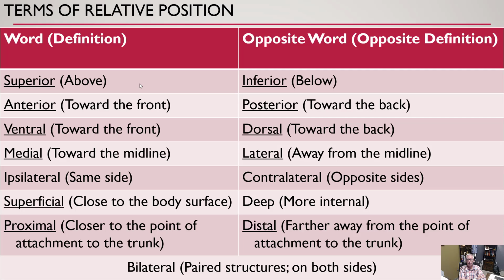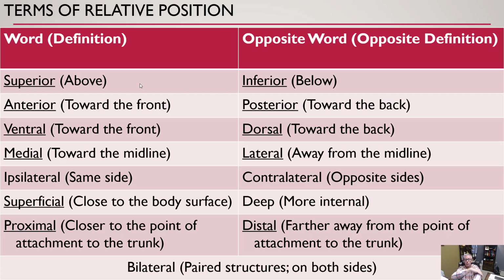So let's think about your arm. The point of attachment to the trunk of your arm is your shoulder. For your leg, the point of attachment to the trunk is your hip. So basically, if you're comparing something to something else, you're comparing it to the shoulder or the hip. So you would say that your elbow is proximal to your wrist. Your elbow is closer to the point of attachment than your wrist is.